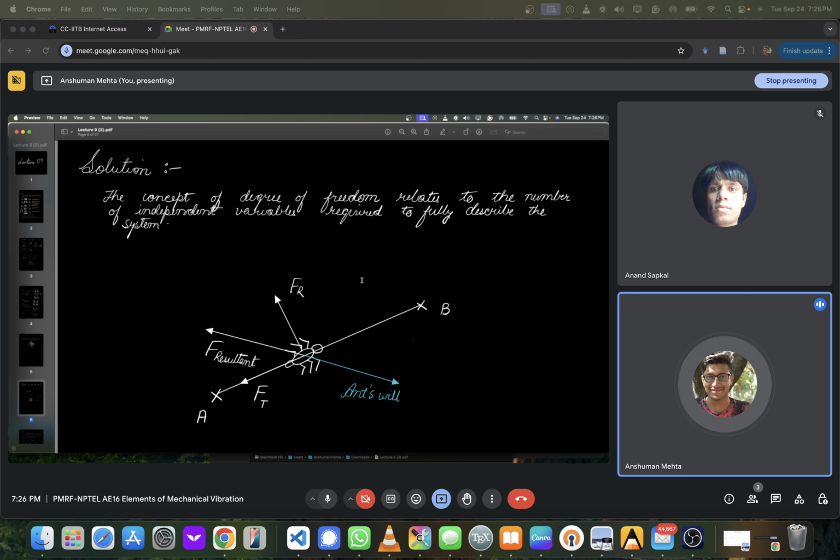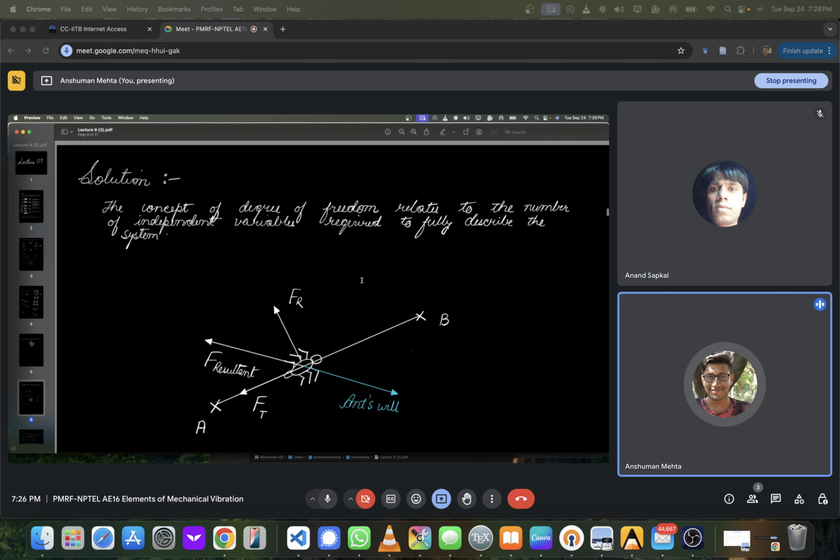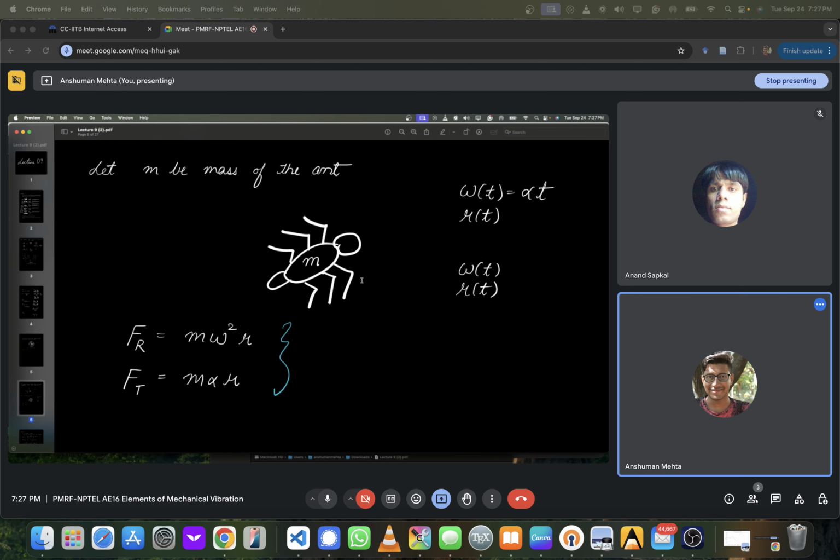So this is our ant, and let's see, it is rotating, and now the ant is moving from here to here, right? So what will happen, we will look at how much force this ant is experiencing. So let's take out this ant somewhere else. Now we are that ant.